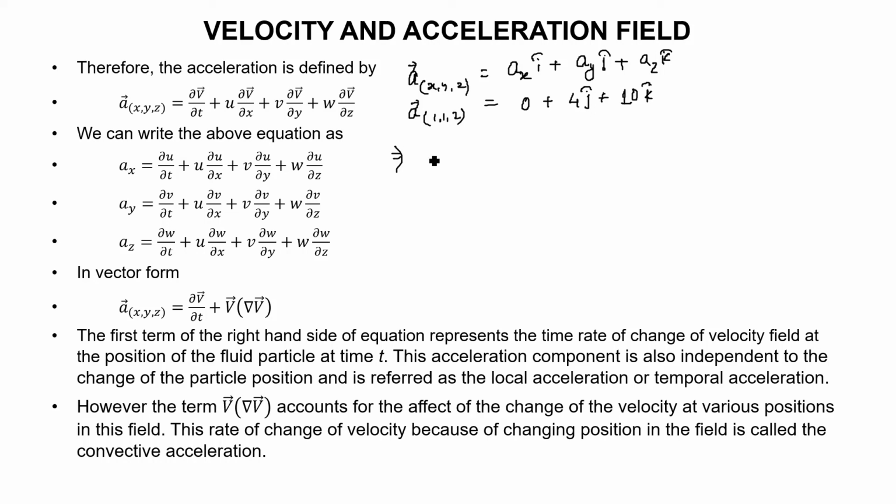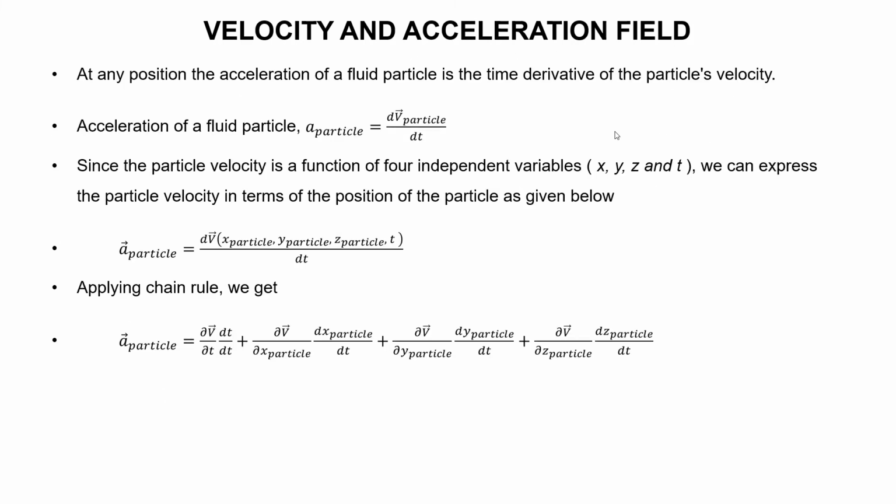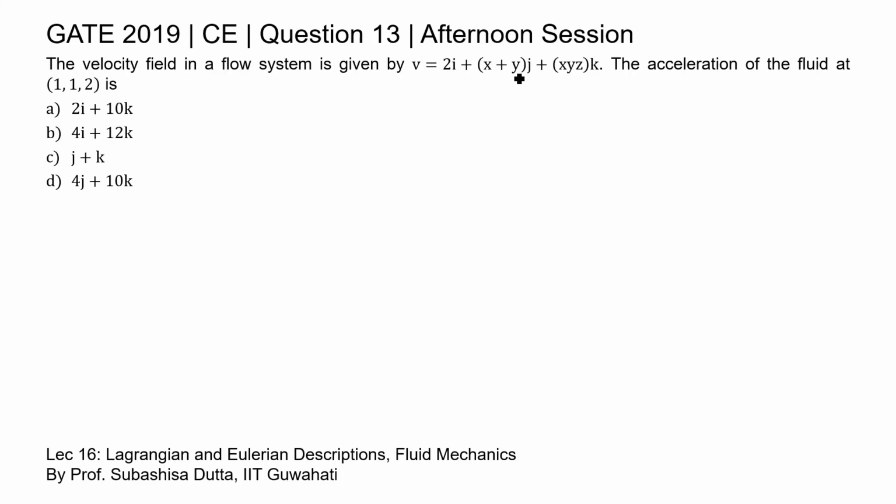So we can write the acceleration at position (1, 1, 2) as 4j + 10k. In this question we need to select the right option. So the answer is 4j + 10k. So option D is the correct option for this question. Thank you.